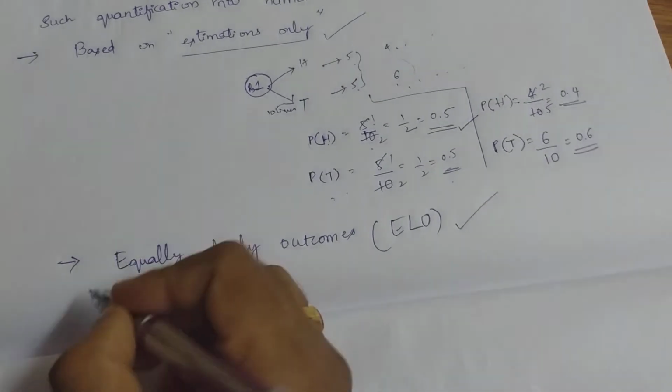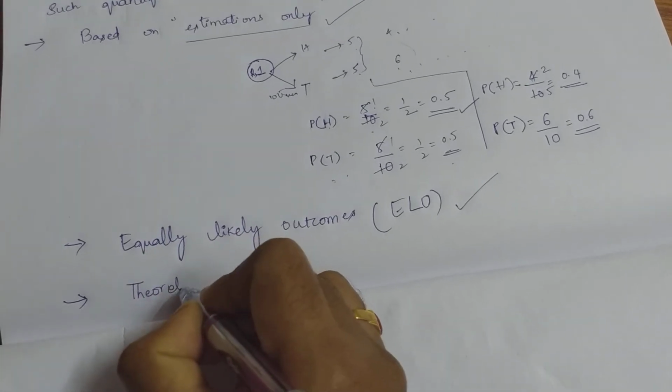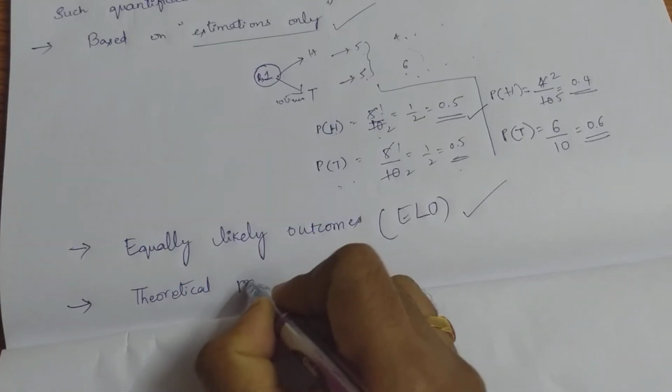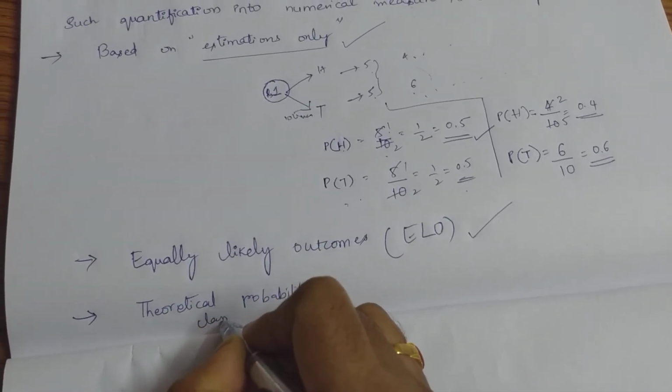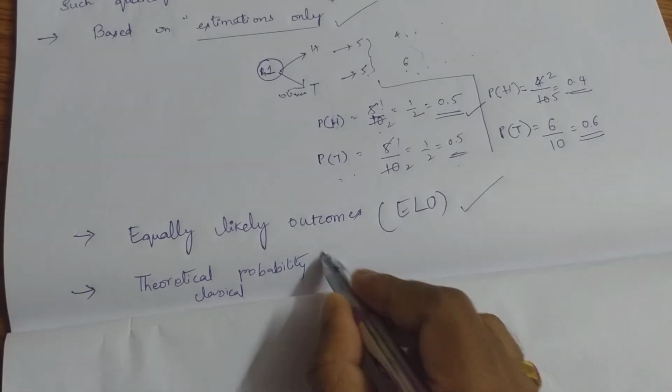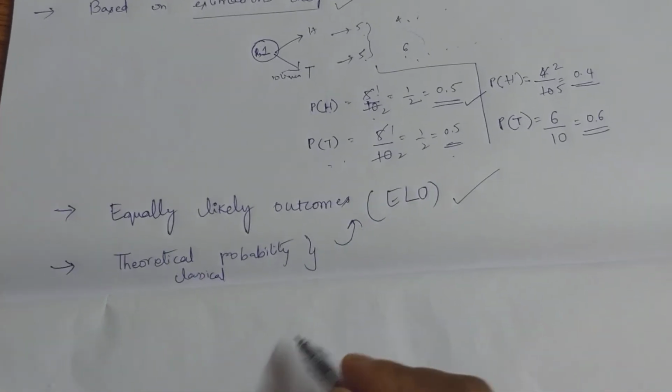There is another definition called theoretical probability, also called classical probability. It's nothing but probability itself, but with the assumption that all the outcomes are equally likely.